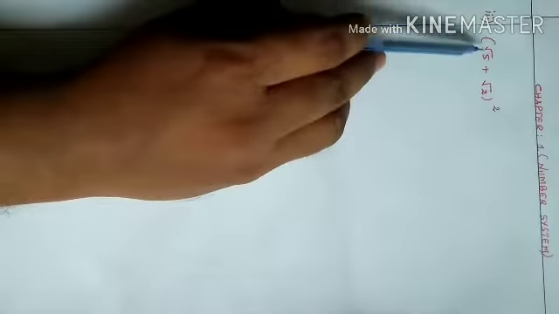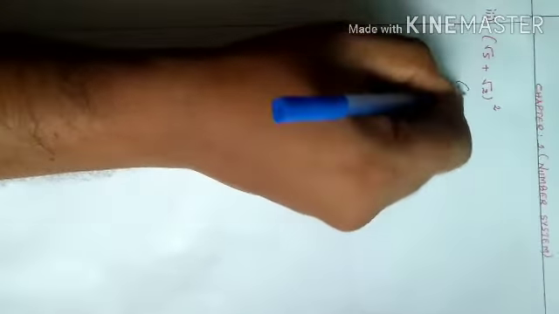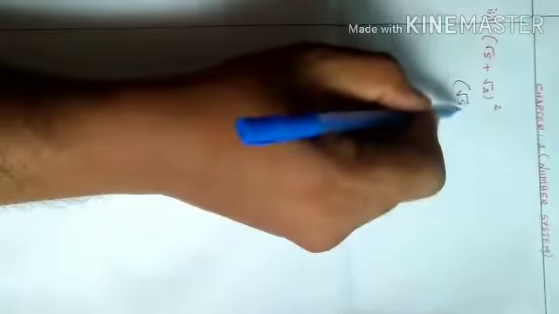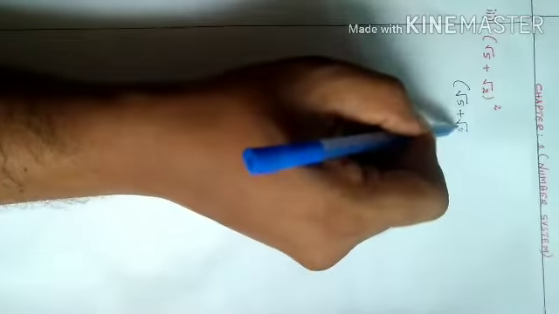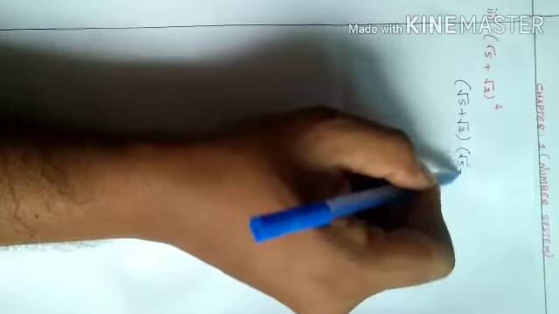Next we are going to see the third subdivision, root 5 plus root 2 whole square. Square means the term should be written 2 times, so we can write it like this: root 5 plus root 2, again root 5 plus root 2.